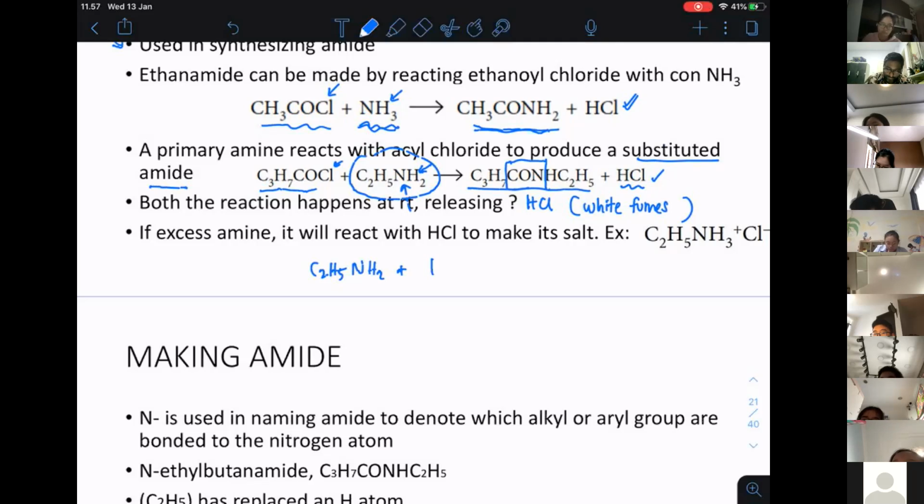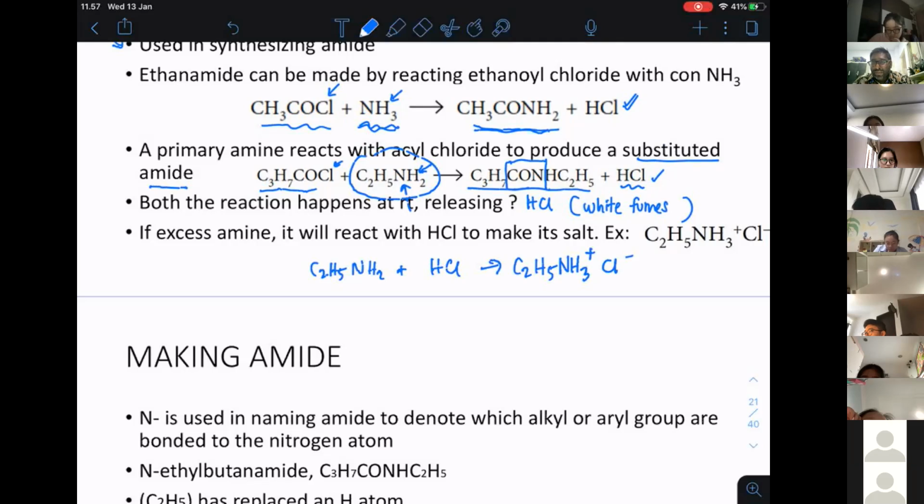So with HCl, it gives you C2H5NH3+ Cl-. This is some sort of ammonium chloride salt. It is quite simple also.